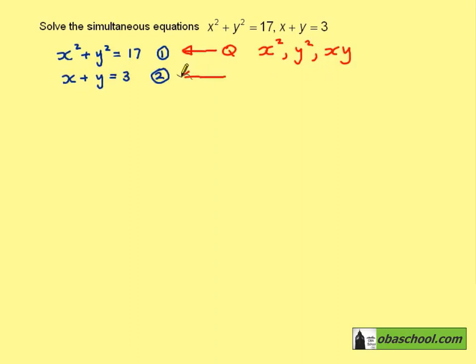The second equation is a linear equation. It doesn't contain the terms x squared, y squared, or xy. A linear equation can always be rearranged into the form y equals mx plus c.